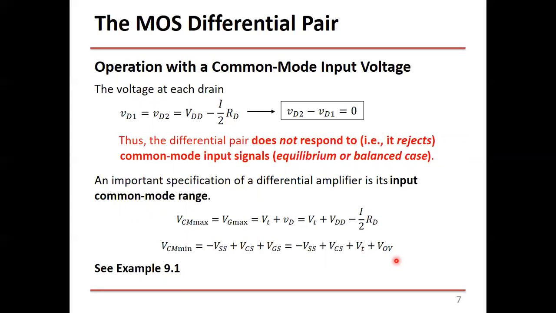So the common mode voltage should not go above this value to keep the differential pair, and should not go below this value to keep it in the saturation mode. If you go above this or below this, you will not be working in the saturation mode anymore. Okay, so let's see example 9.1 from the textbook.